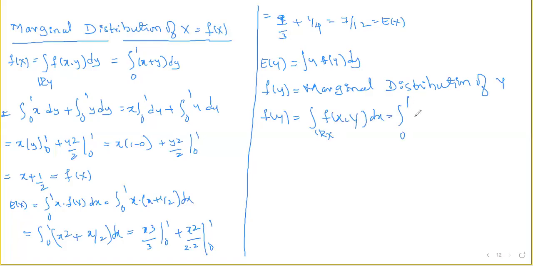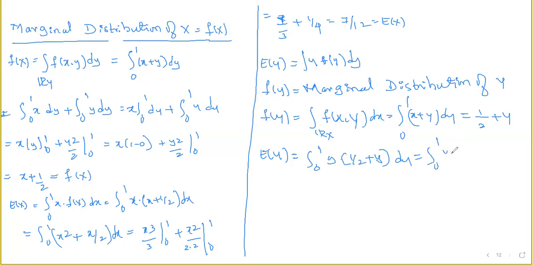So this is also 0 to 1 of x plus y dx, right? When you solve this integration, you will get 1 by 2 plus y. So now the expected value of y is equal to integration 0 to 1 of y into 1 by 2 plus y dy, right? So here, integration 0 to 1 of y by 2 plus y square dy.